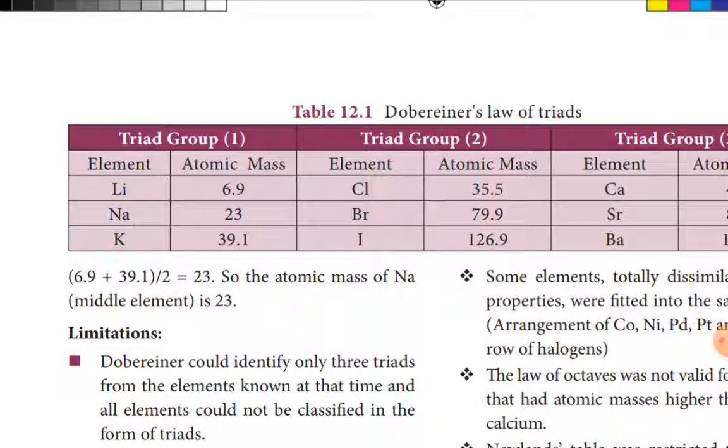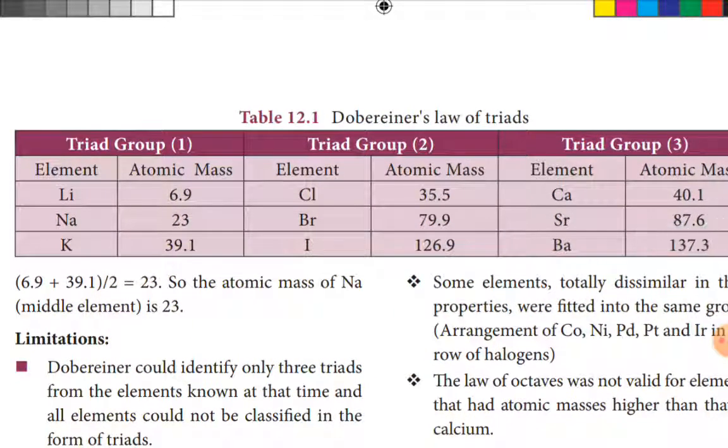Similarly, if we take triad group 2, that is chlorine, bromine, iodine. Chlorine atomic mass 35.5, bromine 79.9, iodine 126.9. So according to the Dobereiner triad, we have to take the first and third element, that is chlorine and iodine, 35.5 plus 126.9.